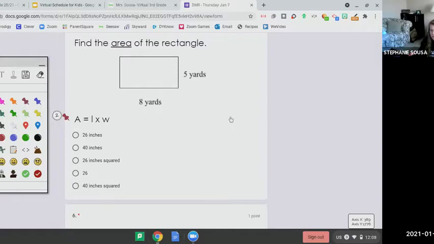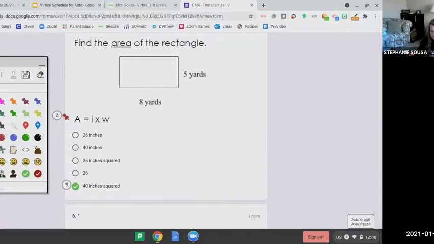It's easier for my brain to count by 5, so I'm going to do that 8 times. 5, 10, 15, 20, 25, 30, 35, 40. Because this is area, I know that my answer is 40 inches squared, not 40 inches. That would be perimeter. Okay. Questions on the area problem?